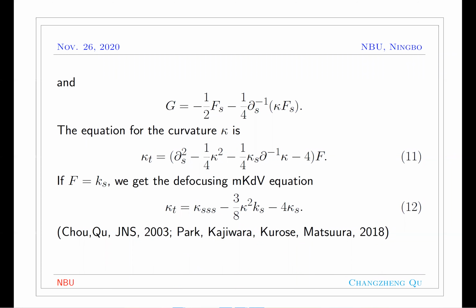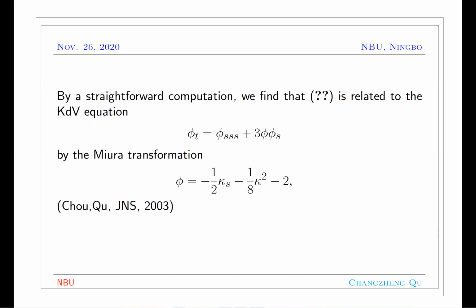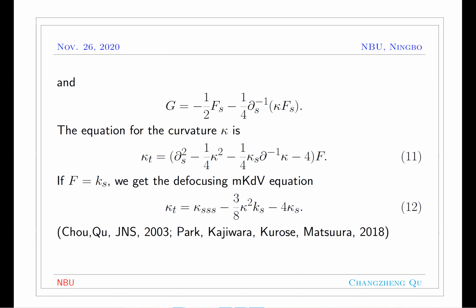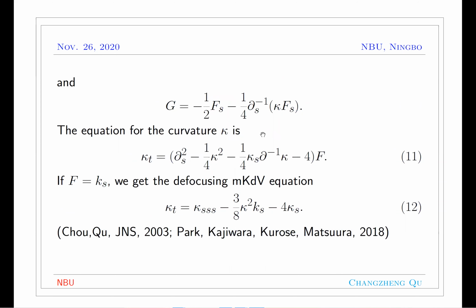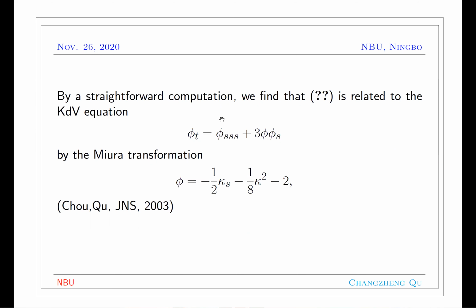This is due to our work, and recently Pan and Kajiwara also obtained this result. By straightforward computation, the formulas are here. The defocusing mKdV equation is related to the KdV equation by the Miura transform given by this one.